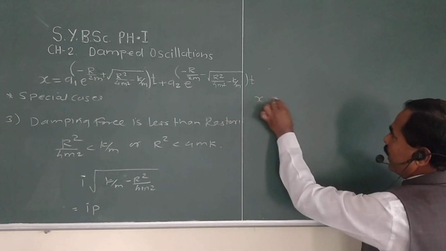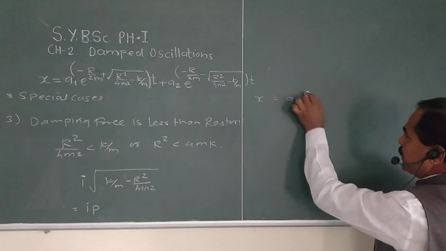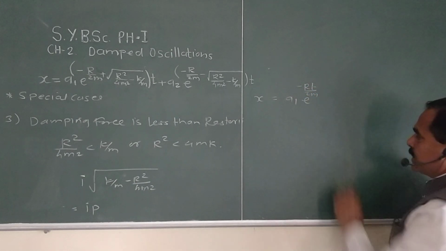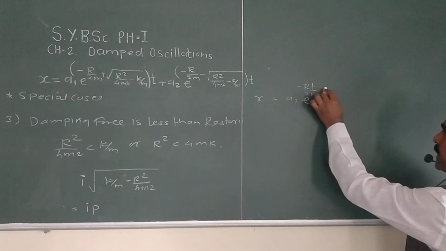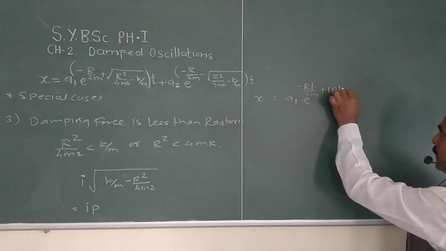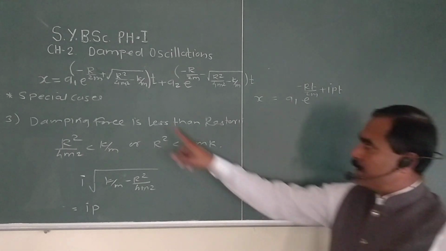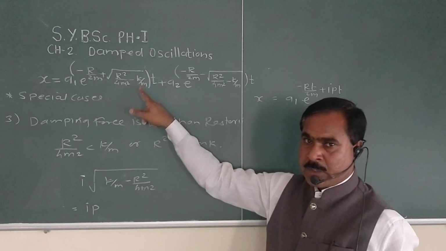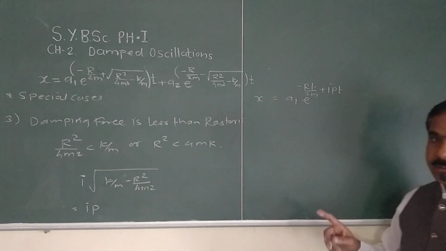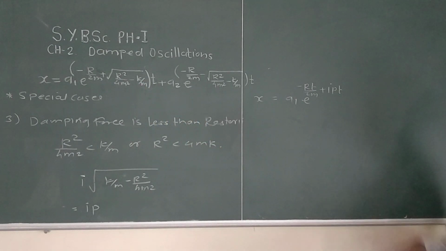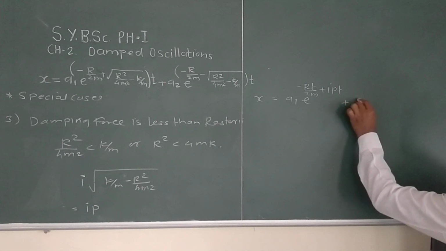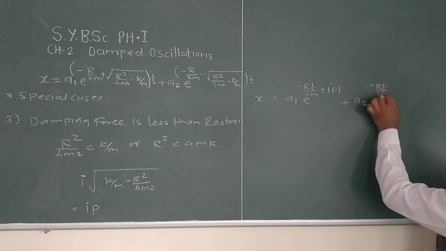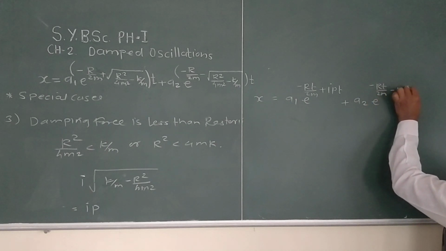Therefore, we write x equal to a1 e raised to minus rt upon twice m plus ipt, plus a2 e raised to minus rt upon twice m minus ipt.